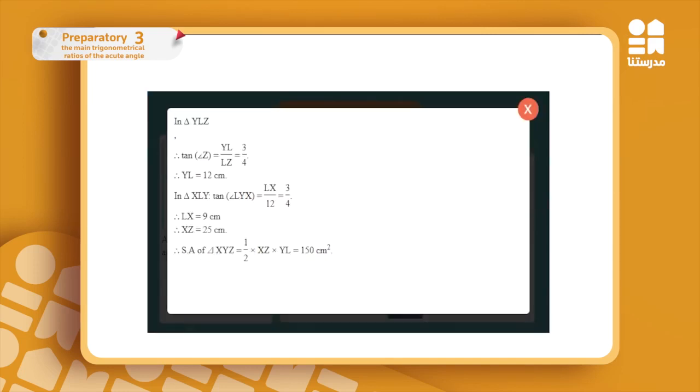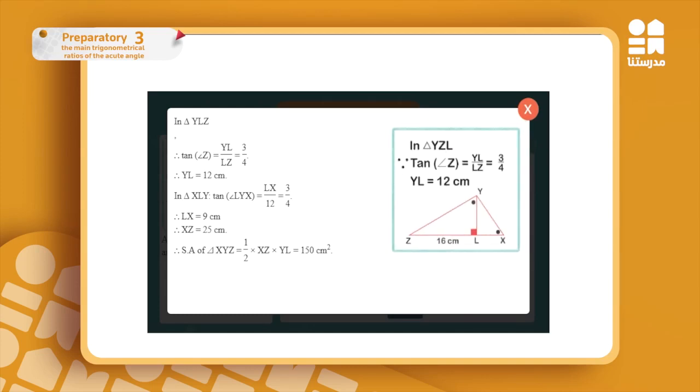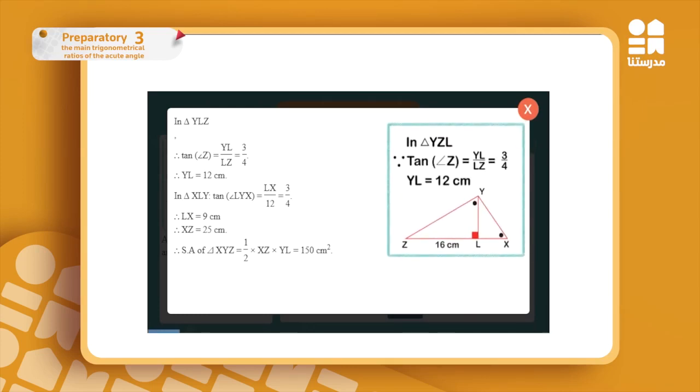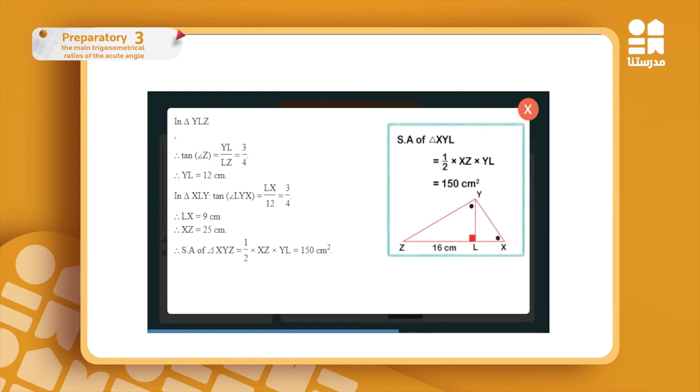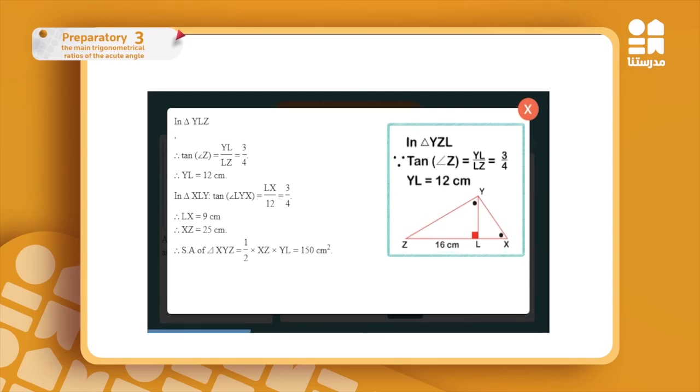Maria is a civil architect working on a project that stimulates the style of European houses, and she needs to calculate the area of the top of the triangular-shaped houses. Let's help Maria to find the area of the triangle at the top of the houses. We assume that the triangle's name is XYZ as drawn in the opposite figure. Firstly, we could deduce a ratio between the two sides YL and LZ from tan angle Z, then YL equals 12 centimeters.